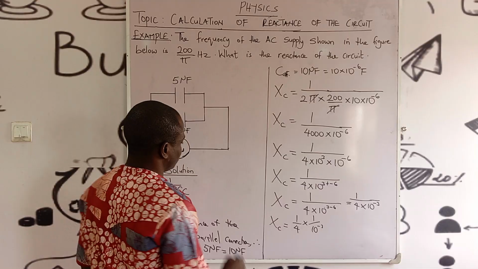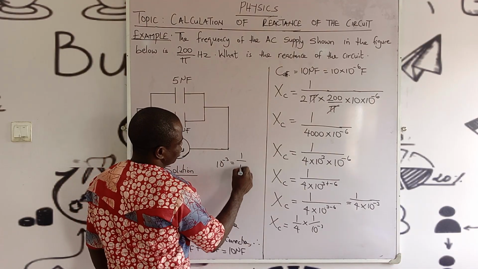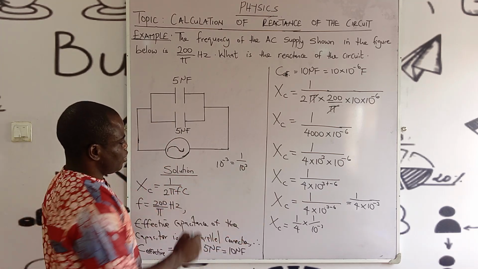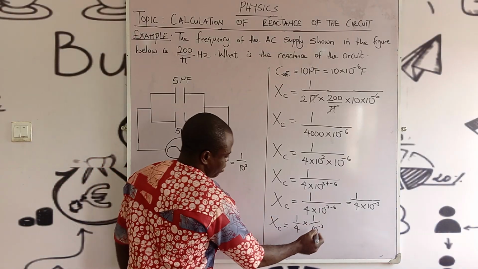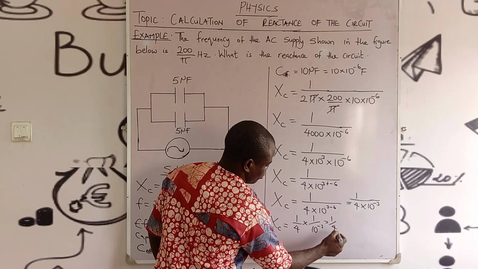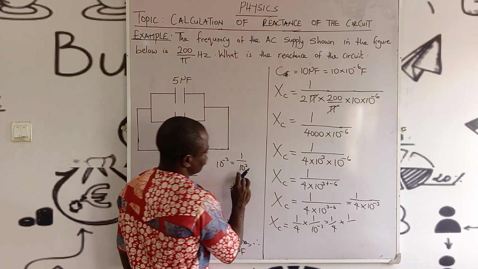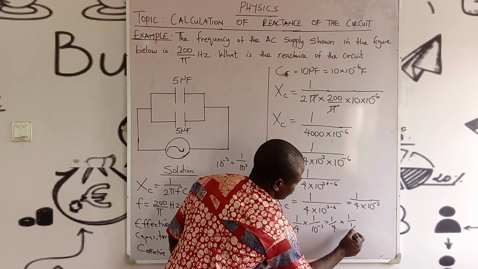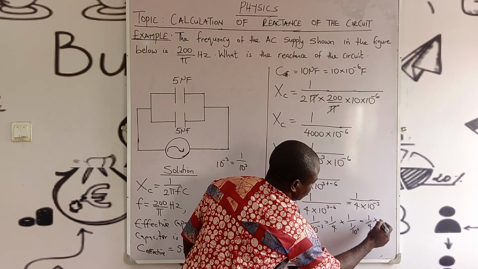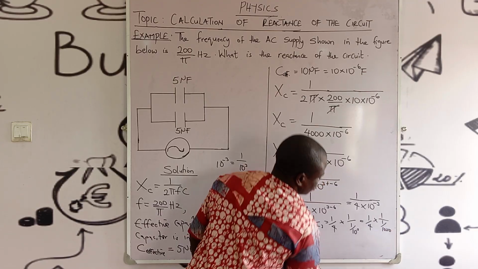Don't forget in indices that 10 raised to the power minus 3 equals 1 over 10 raised to the power 3. So instead of writing 10 raised to the power minus 3, write 1 over 10 raised to the power 3, which is 1 over 4 times 1 over 1000.